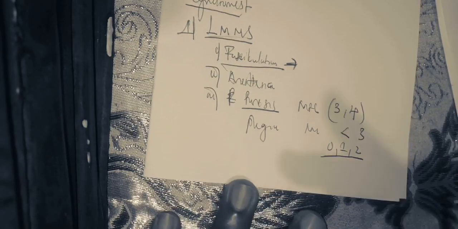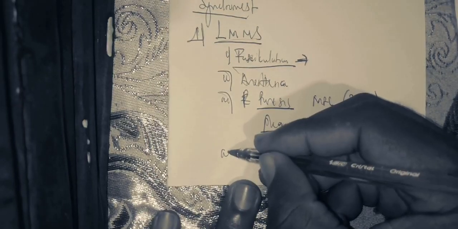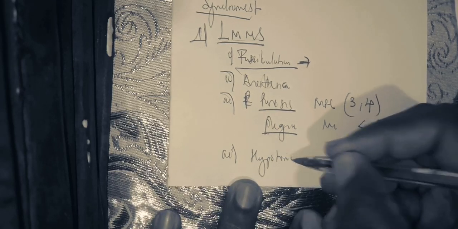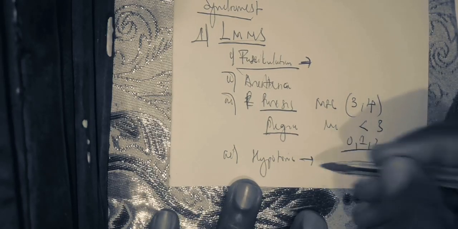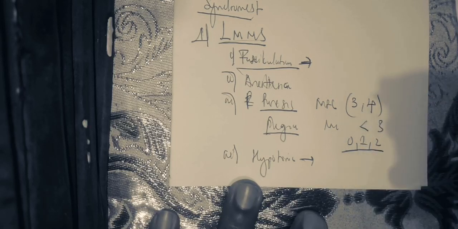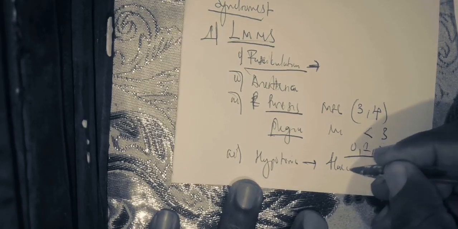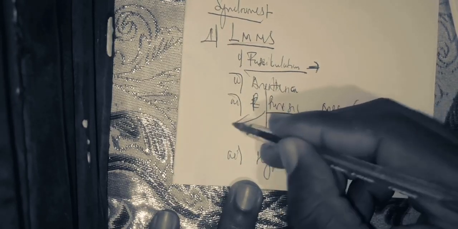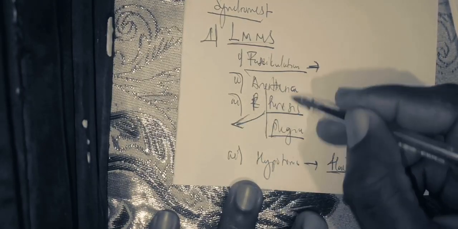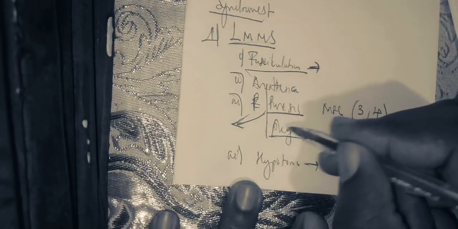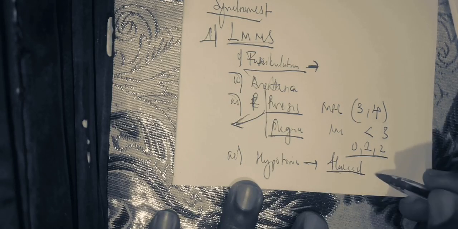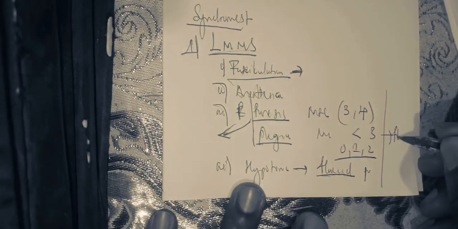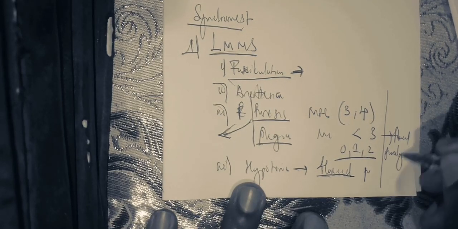The peculiar paresis here is hypotonic, which means a flaccid paresis or paralysis. Paralysis covers both of them, but paresis is 3 to 4, and plegia is less than 3. So the peculiarity of the lower motor neuron syndrome is a flaccid paralysis.